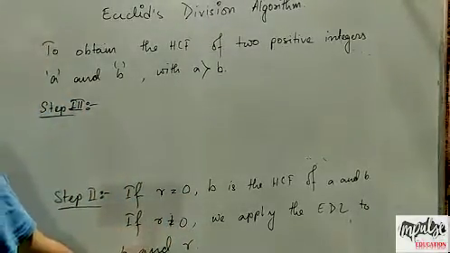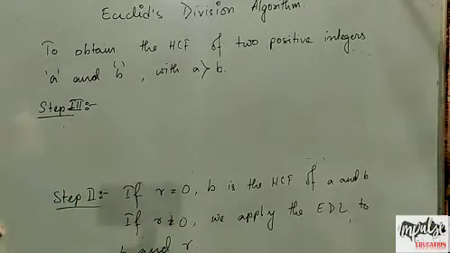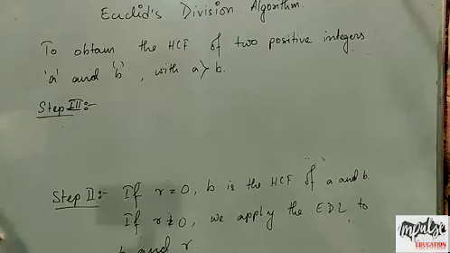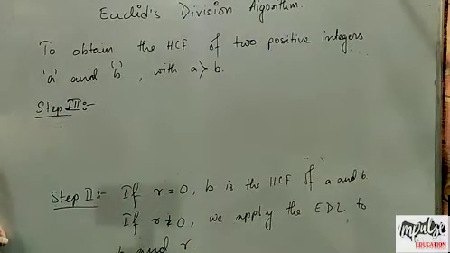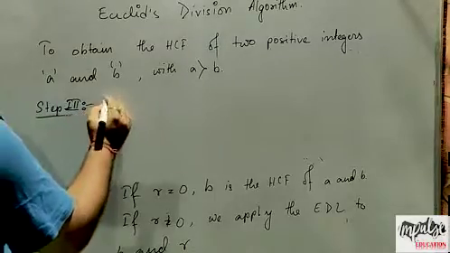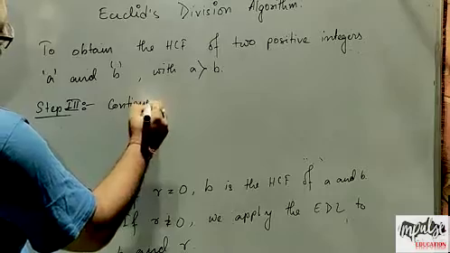If you have applied the EDL to B and R and again you didn't get the remainder as 0, then again you have to apply the EDL. Now step 3 is that you have to continue this step.